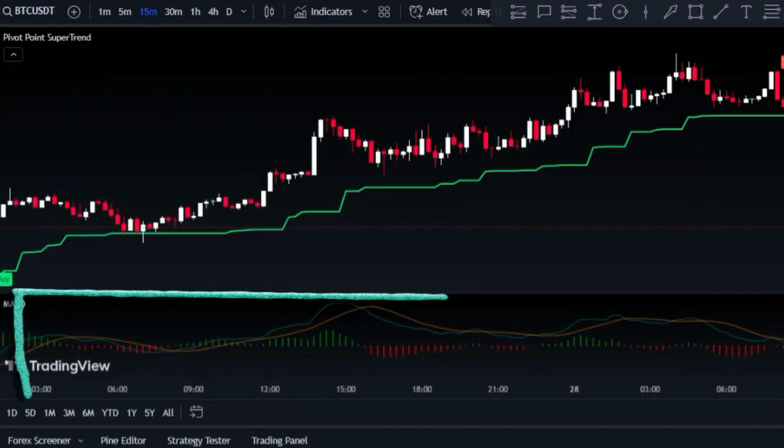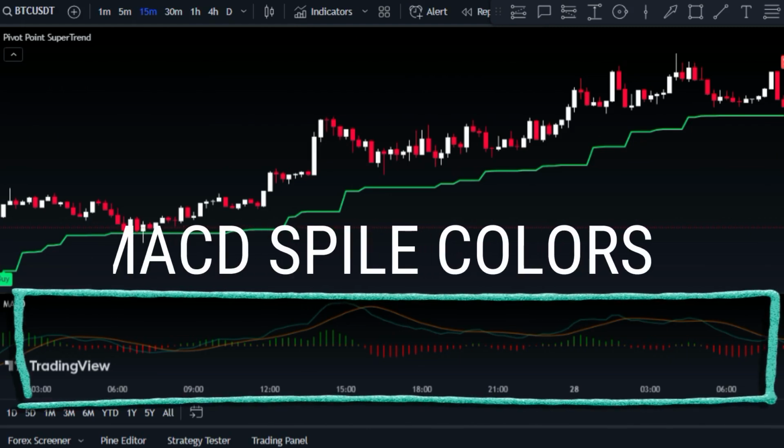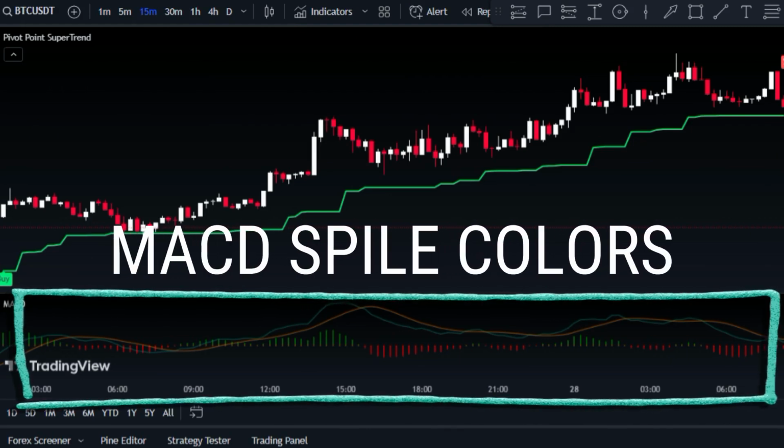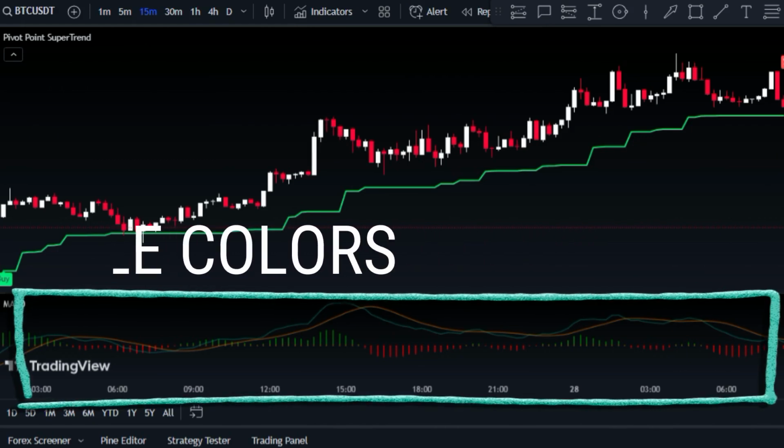With this second indicator in place, stick around as I show you how to optimize it for the best results and maximizing our earnings.